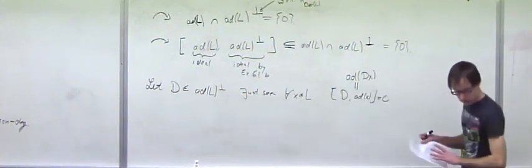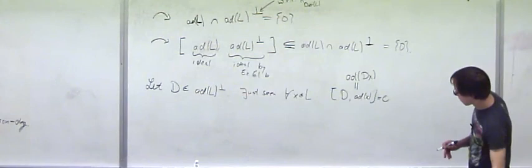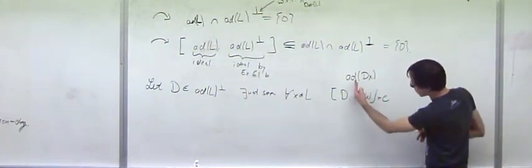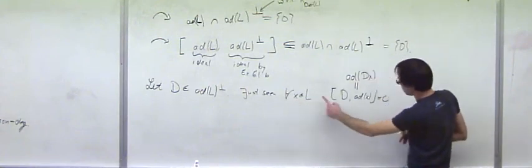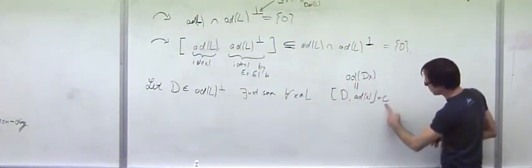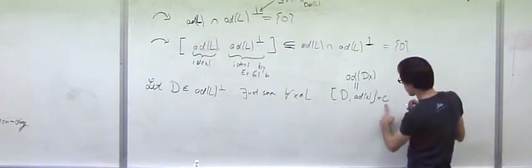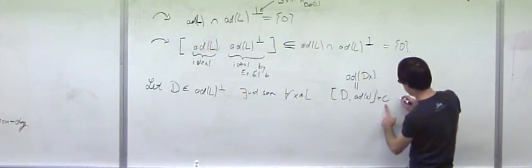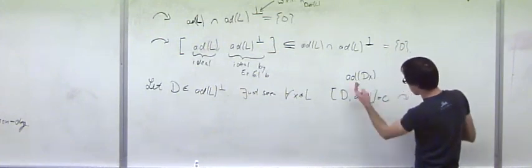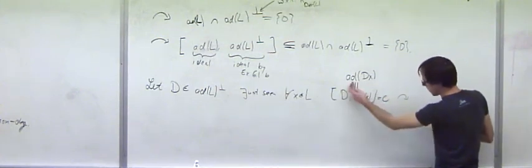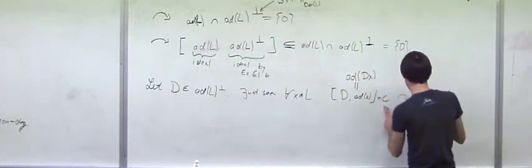So, very good. Now we can continue, because we've shown for any element x of the Lie algebra, ad of Dx is 0. Well, but if ad of Dx is 0, because we already showed that ad is injective, then Dx is 0.